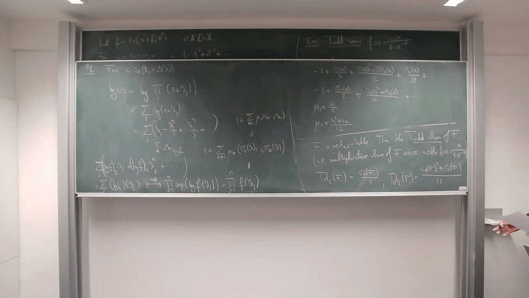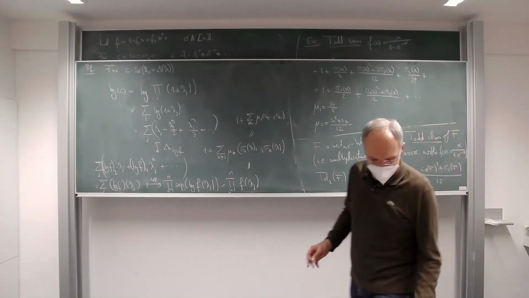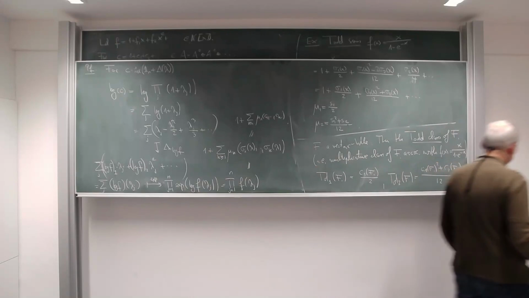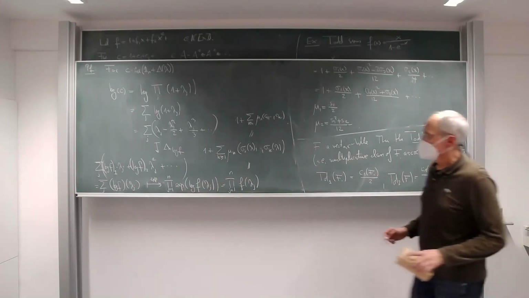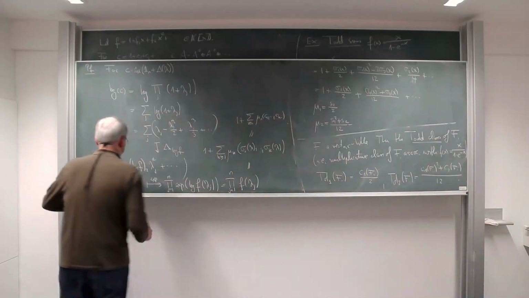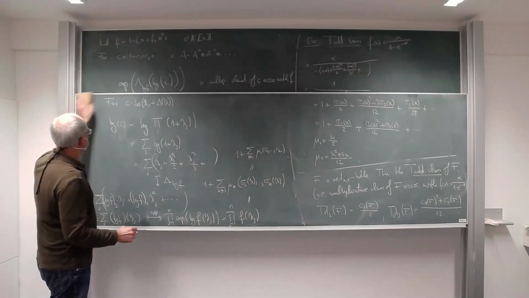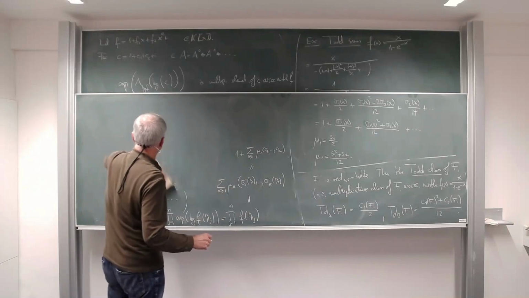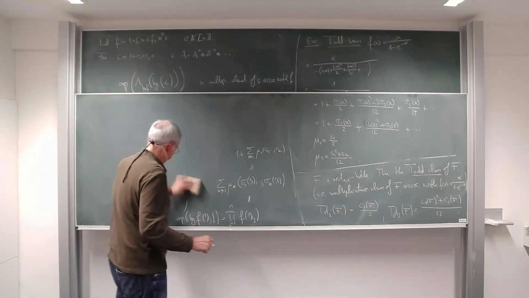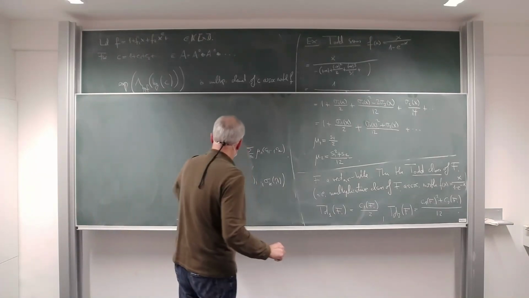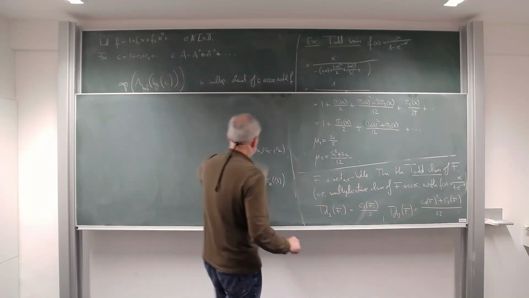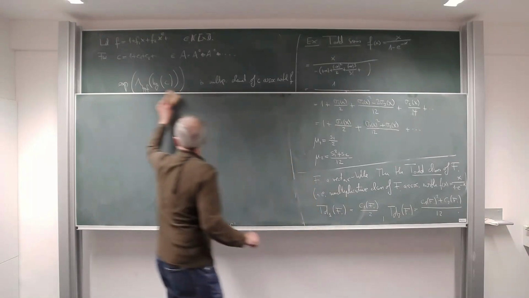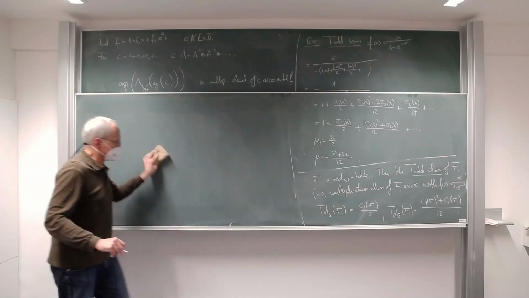So let me give an example. These classes pop up in applications, in particular in so-called index theorems. And index theorems are actually quite common in various branches of mathematics, which has been understood only over time.